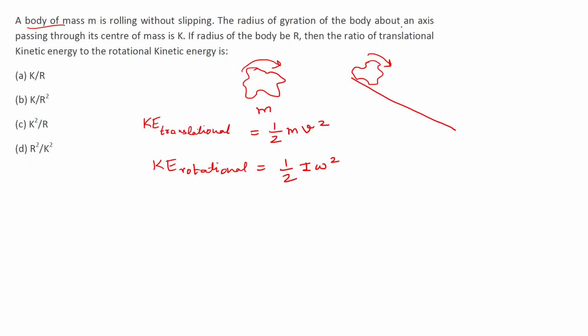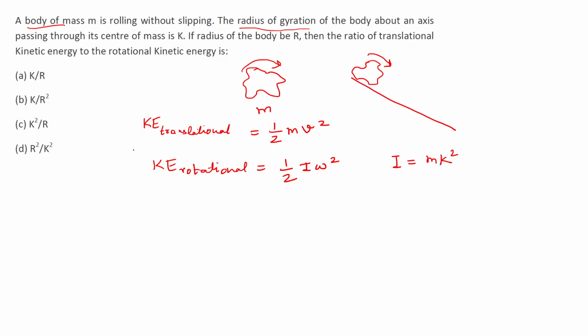Here we have been given the radius of gyration. We know the relation between the radius of gyration and moment of inertia is like this, that I is mk square.